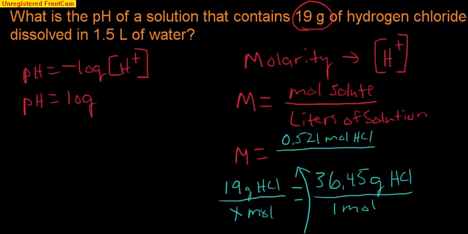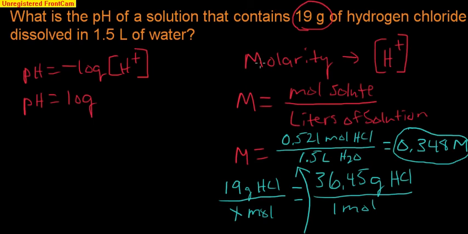So that's what I'm going to put in the denominator of my molarity formula. So 1.5 liters of water. So I'll just put H2O here. Now when I take 0.521 and divide it by 1.5, I'm going to get a molarity of 0.348. Once again, I've rounded to 3 decimal places here, but when you're doing this on your calculator, you should not round at all until the very end.